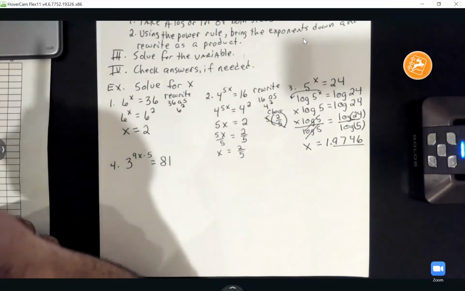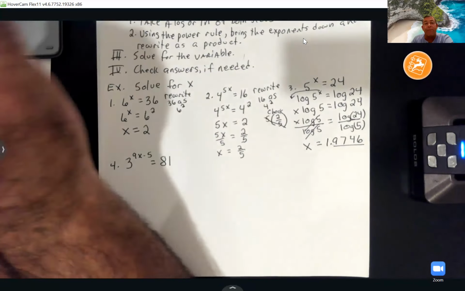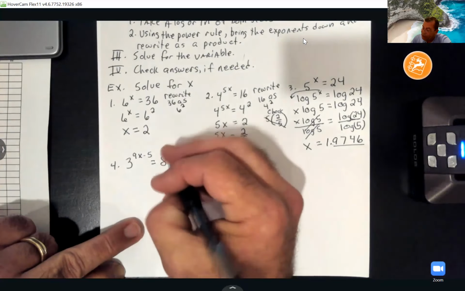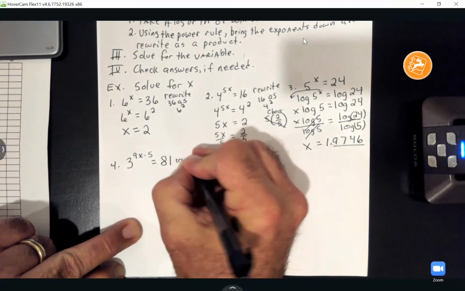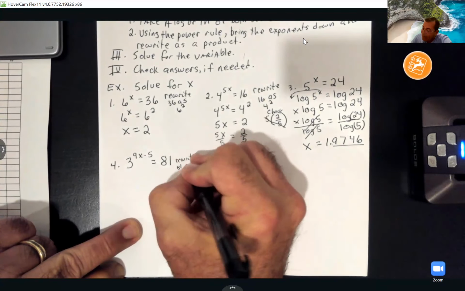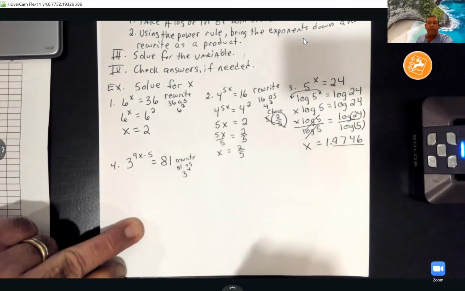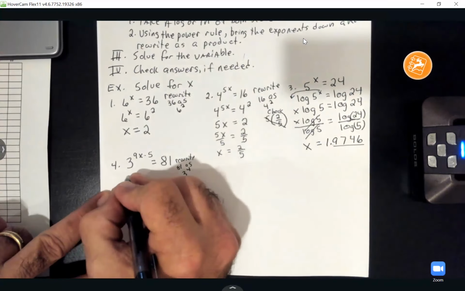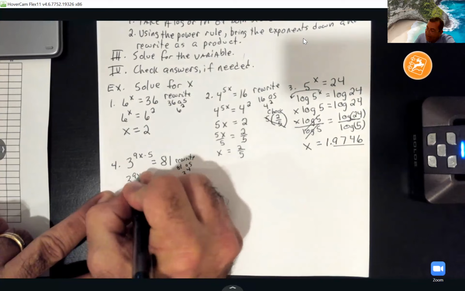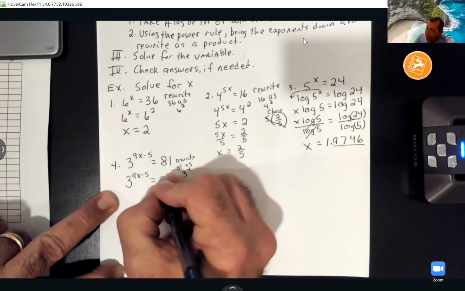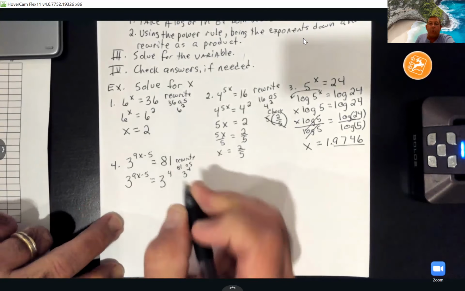And I think 3 to the 4th, because each of them 9s had 2 3s. So I'm going to rewrite 81 as 3 to the 4th. So that means we got 3 to the 9x minus 5 equals 3 to the 4th.